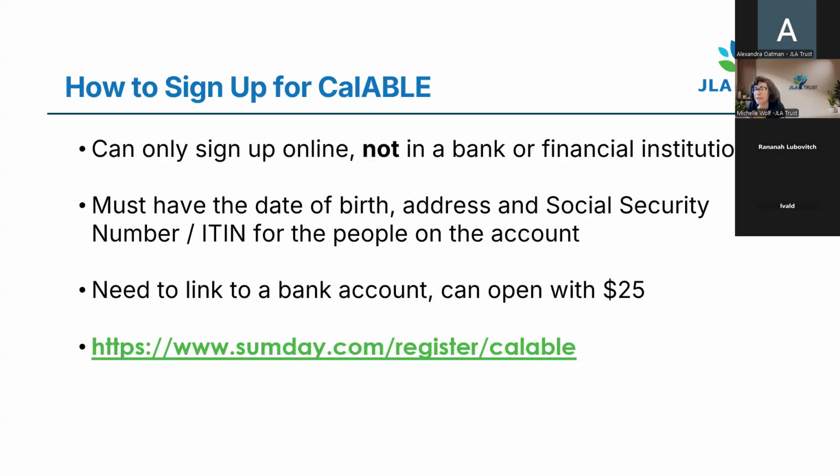So to sign up for CalAble, you can only do it online. You cannot walk into a bank or any other financial institution. It's a simple process online. You have to link it to a bank account, and you only need $25.